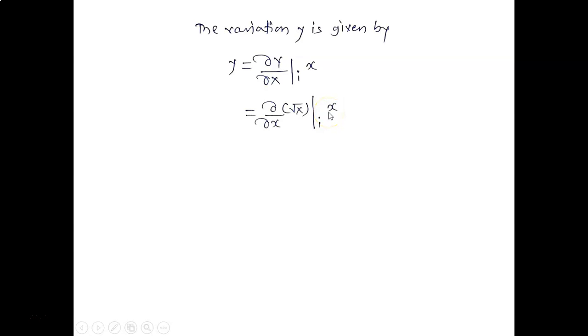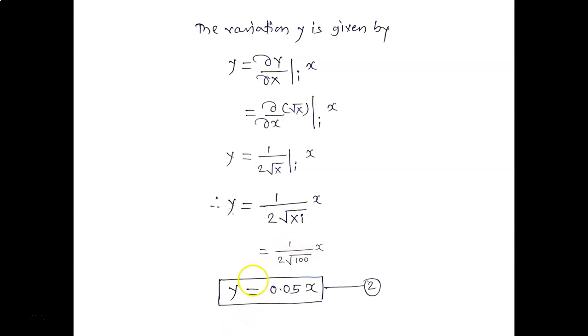What is the differentiation of root x? 1 upon 2 root x at the point I into small x, which is equal to 1 upon 2 into root of xi into small x. Now substitute the value of xi in this equation. Therefore, small y is equal to 1 upon 2 root 100 into small x. Therefore, small y is equal to 0.05 into small x, equation 2.